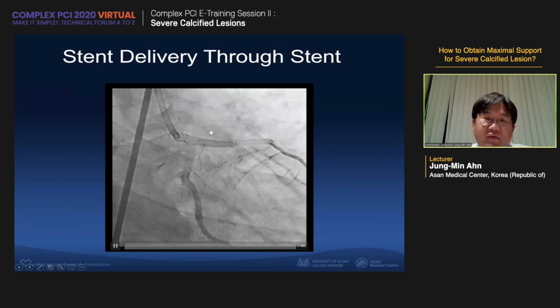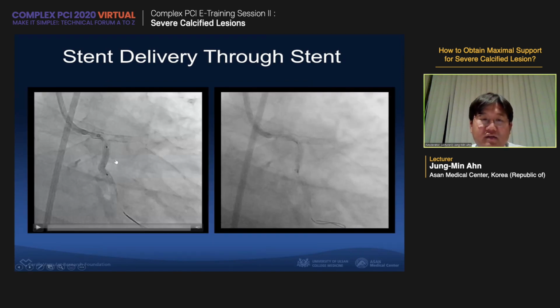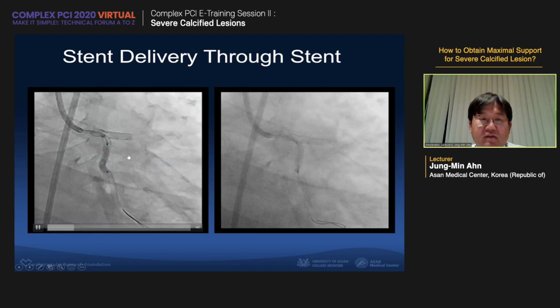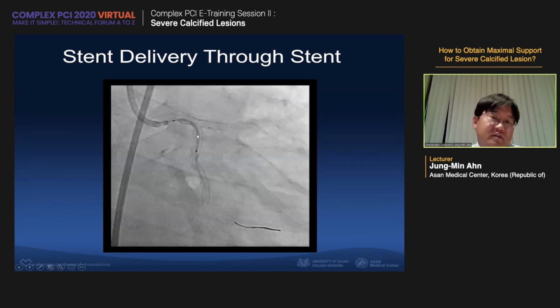Stent delivery through a previous stent is very hard, very difficult. So in this case, you can insert the catheter like this, and then you can deliver the stent through the stent like this.